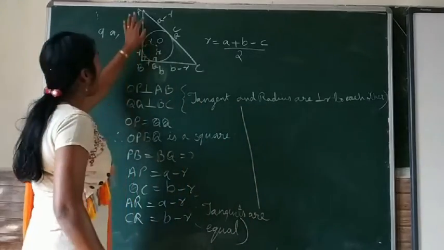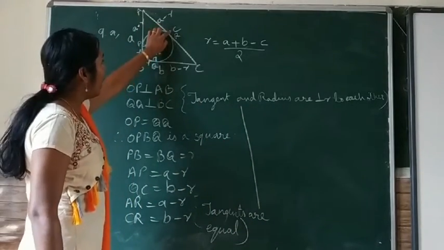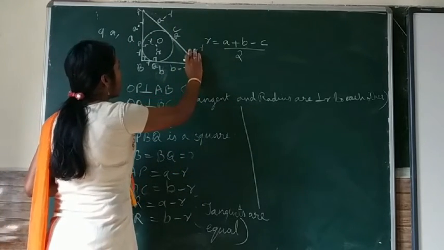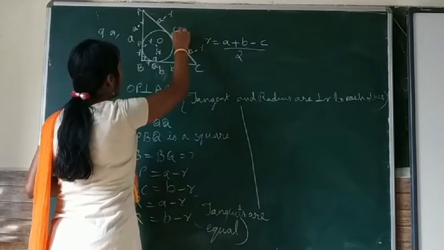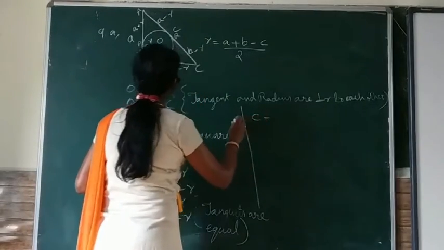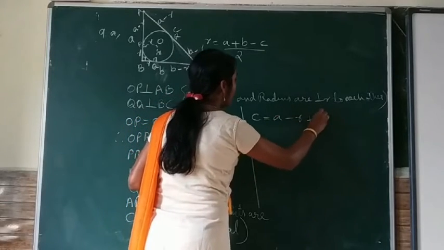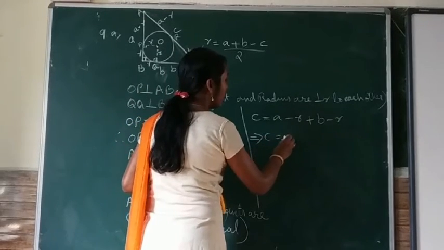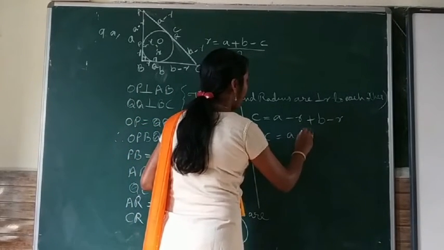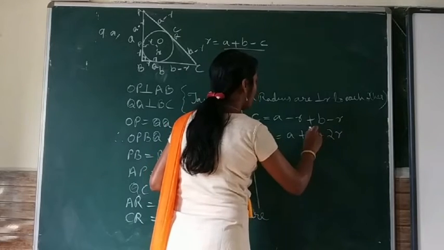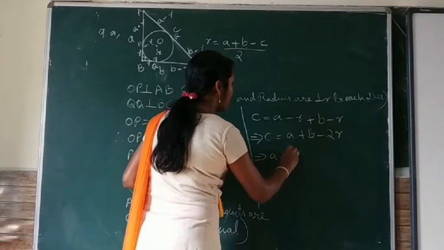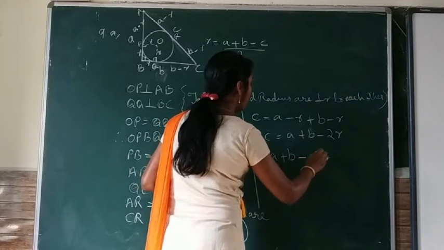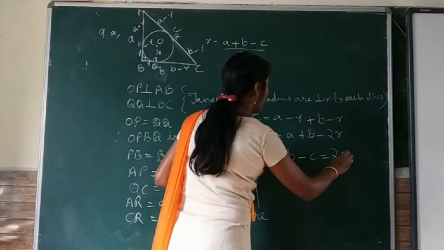Hence, we have got the value of C. The hypotenuse C is A minus R plus B minus R. This part is B minus R and this part is A minus R. Therefore, C is equal to A minus R plus B minus R. That implies C is equal to A plus B minus 2R, so A plus B minus C is equal to 2R.